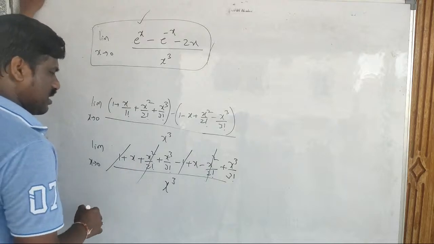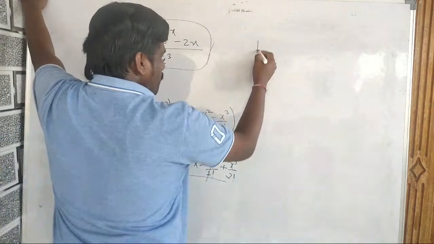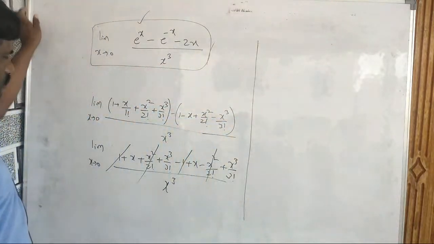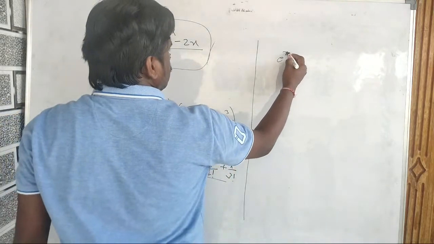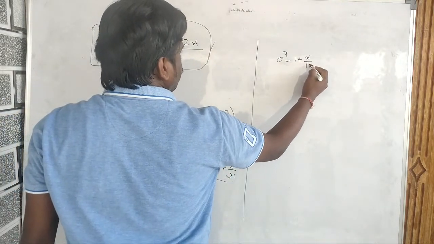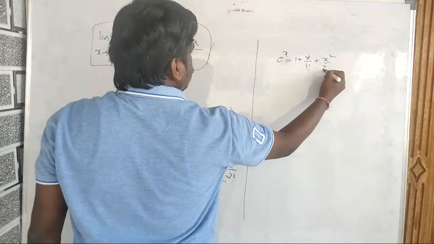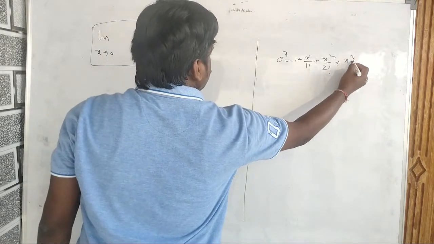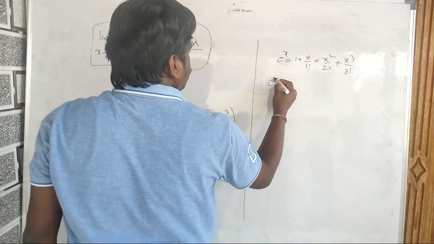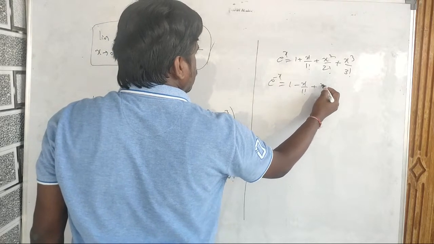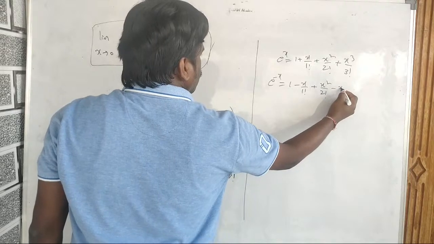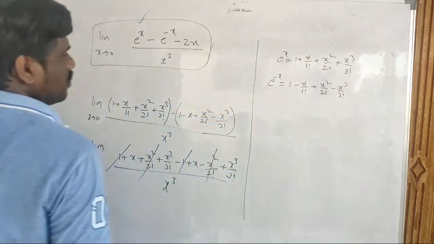Here I get 2x, right? What do I get here? The e power x expansion is 1 plus x by 1 factorial plus x square by 2 factorial plus x cube by 3 factorial. e power minus x will be 1 minus x by 1 factorial plus x square by 2 factorial minus x cube by 3 factorial.